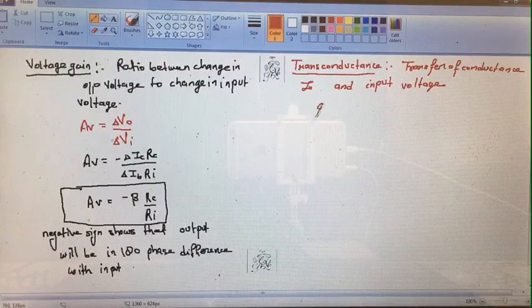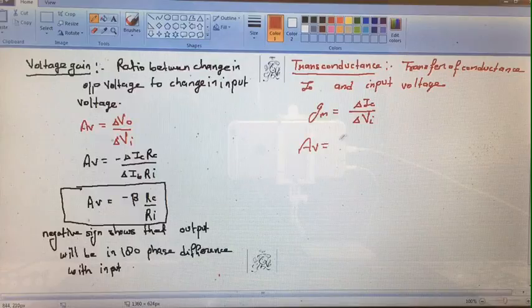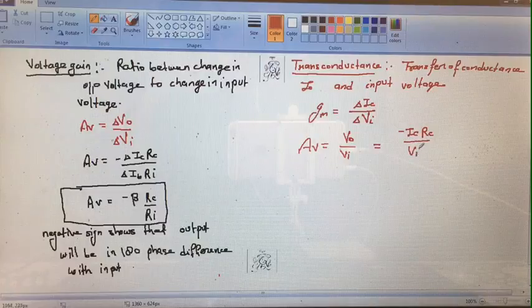So transconductance is represented as change in collector current upon change in input voltage. And we know that our voltage gain AV is equal to V output upon V input, and V output can be written as minus IC RC upon V input.